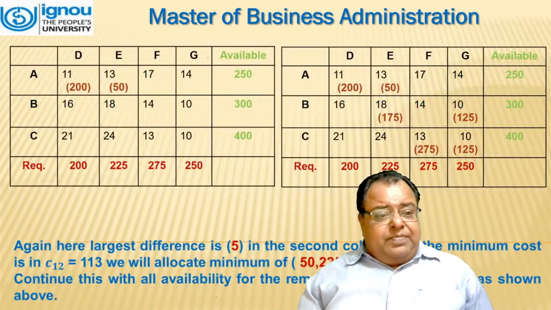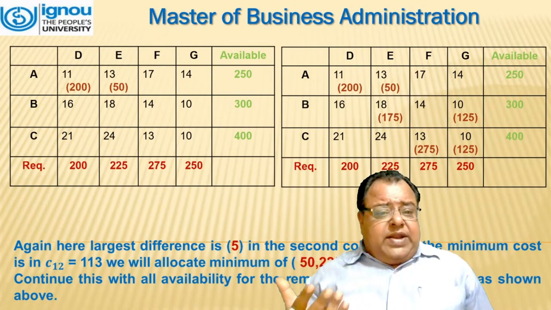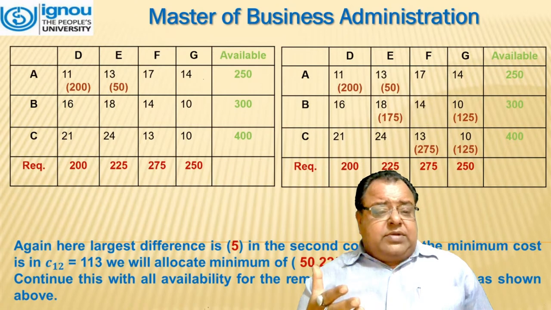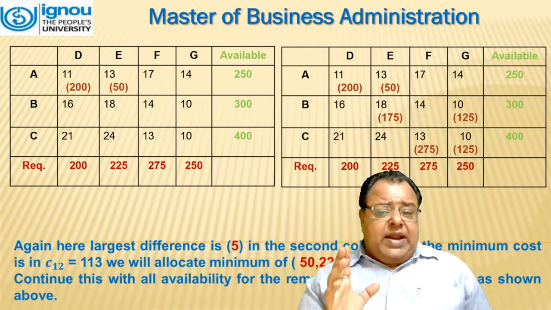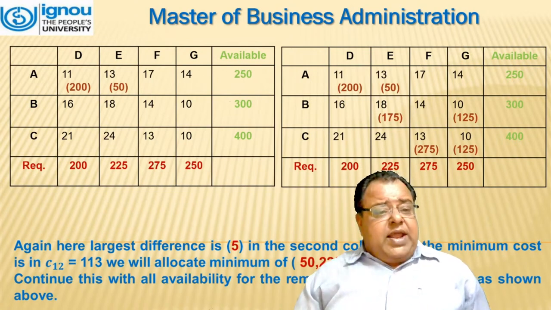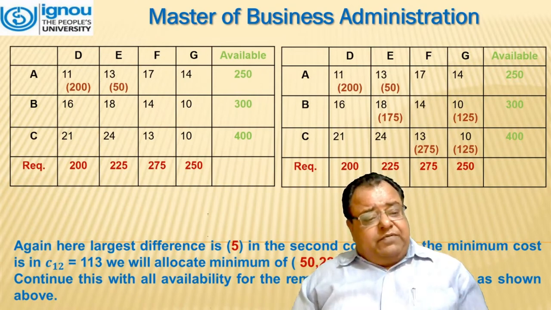Going back to the problem, we can see that 50 is left. That means we will be allocating 50 over there. And we are left with 175 in the next column, so we will be allocating down the line over there. Now how to proceed further?